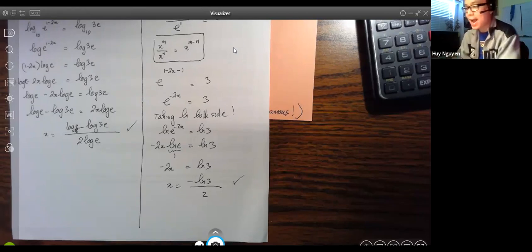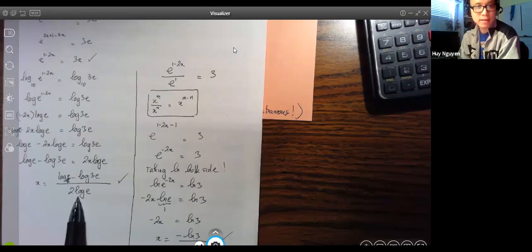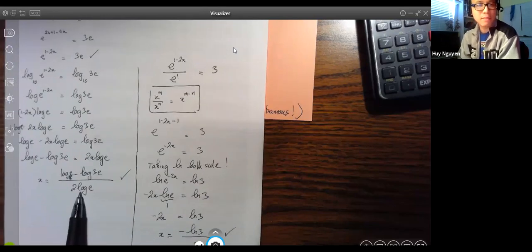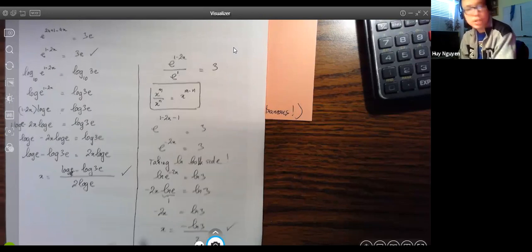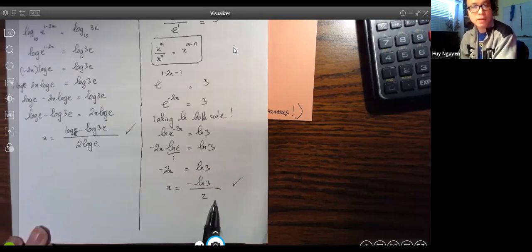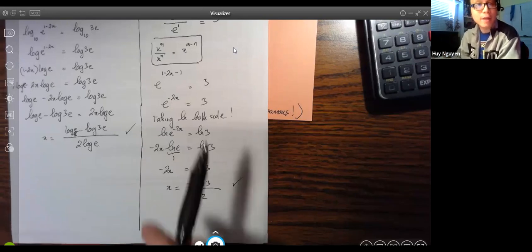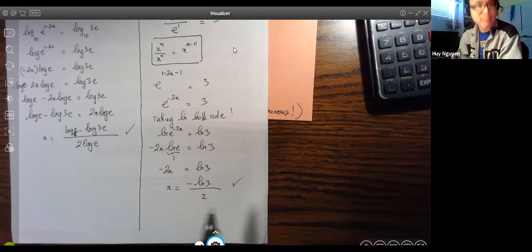You see that the answer in this case looks longer, more complicated. The answer over here is shorter, simpler, but it is the same. You can put it into the calculator and calculate them out. It is the same. I'm not wasting time plugging it in. It should be the same.